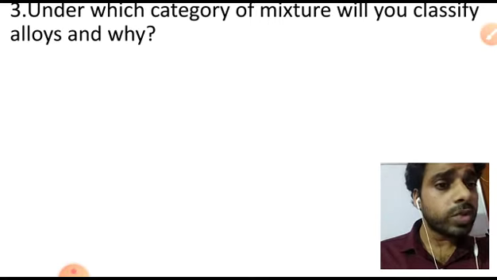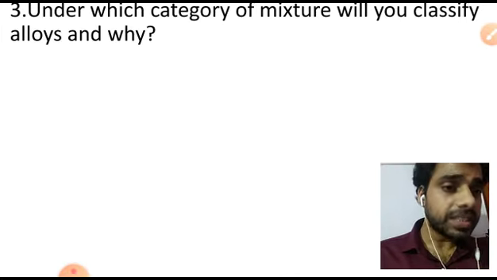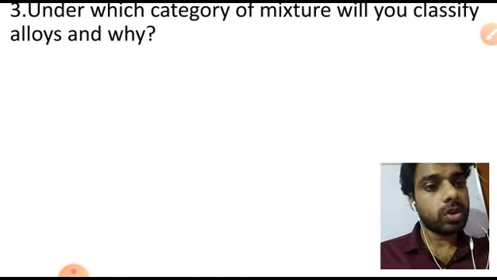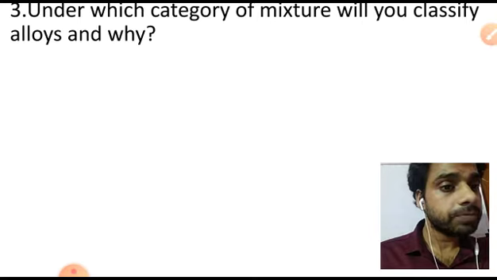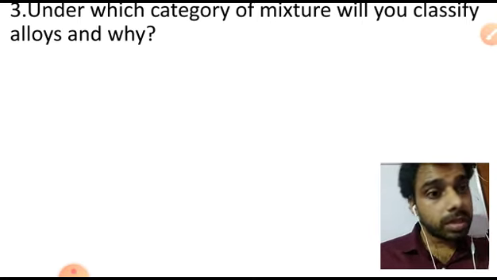We can categorize alloys as a homogeneous mixture in the case where the constituents actually present in the alloy retain their properties. On that basis we can say alloys are a homogeneous mixture. Rest, you will see in alloys variable compositions are there.